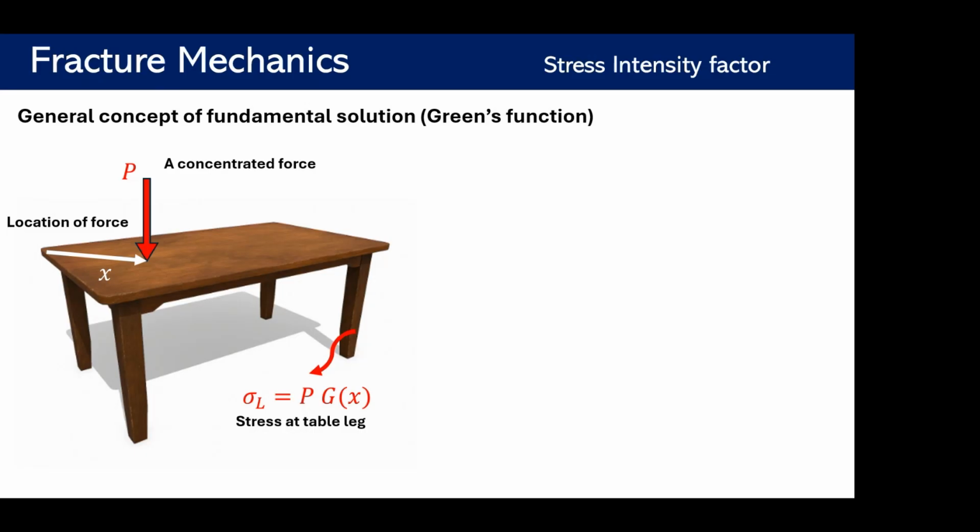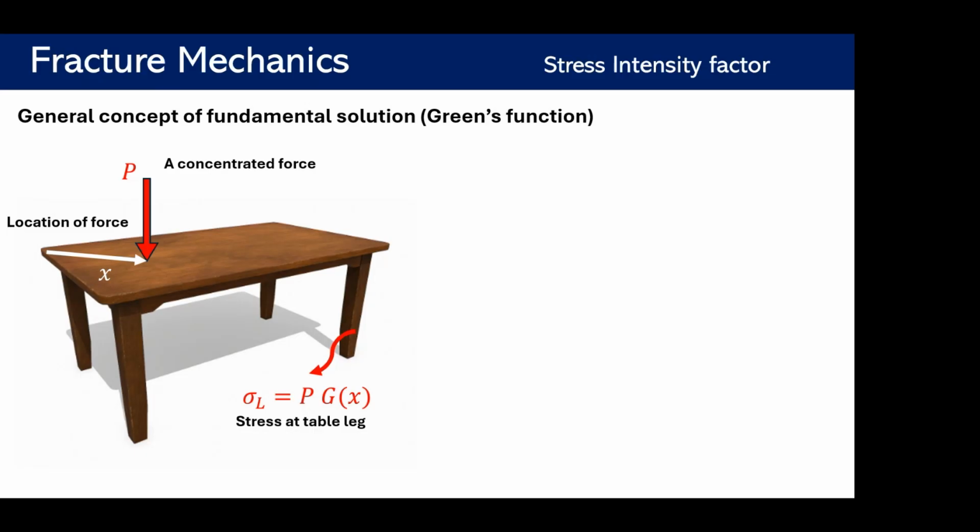What is the fundamental solution of a system? You can consider this table here as any linear and homogeneous system. I've applied a concentrated force like P to this table. So P is a known variable for me. I know the external force applied to the table.